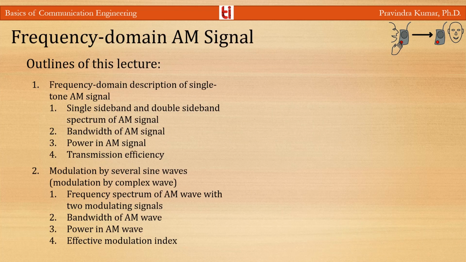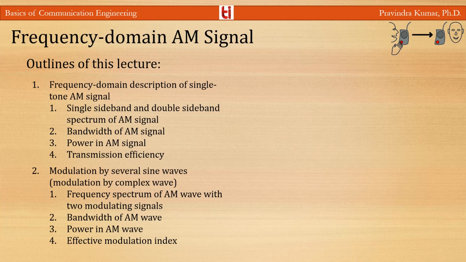The outline of this lecture is the frequency domain description of single tone AM signal, where we will discuss the single sideband and double sideband spectrum of AM signal, bandwidth of AM signal, power in AM signal, and transmission efficiency.